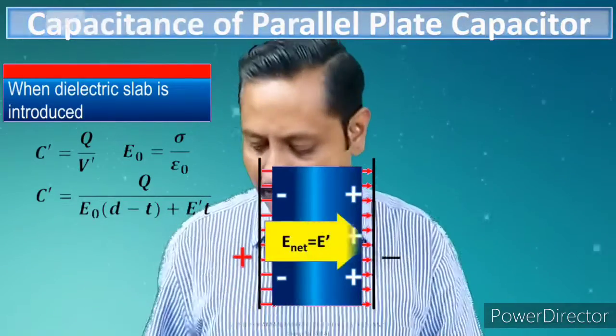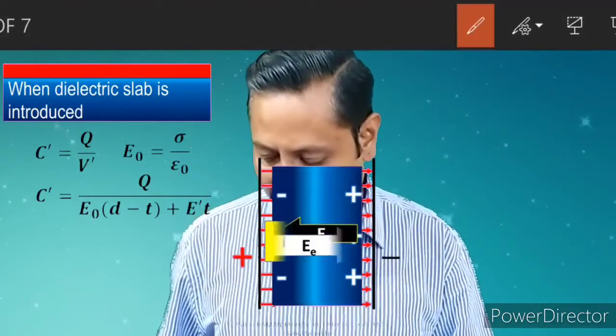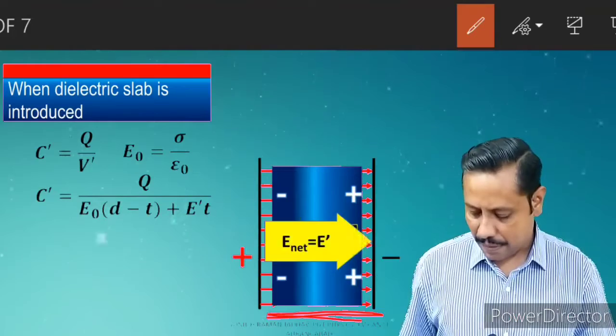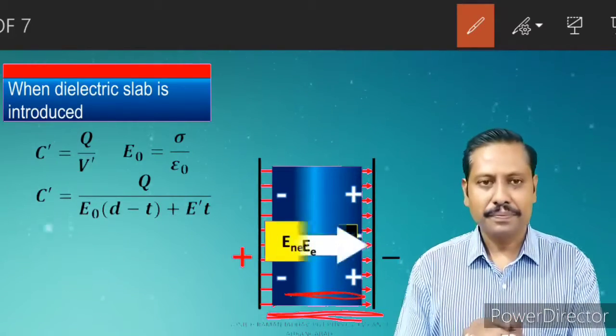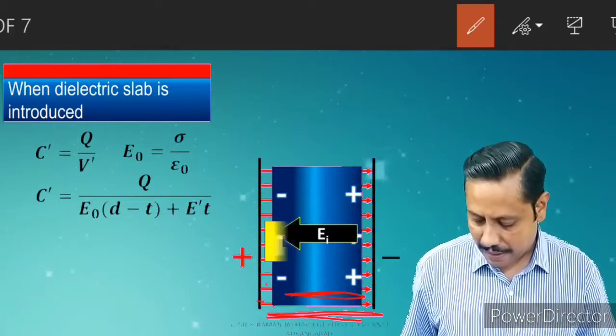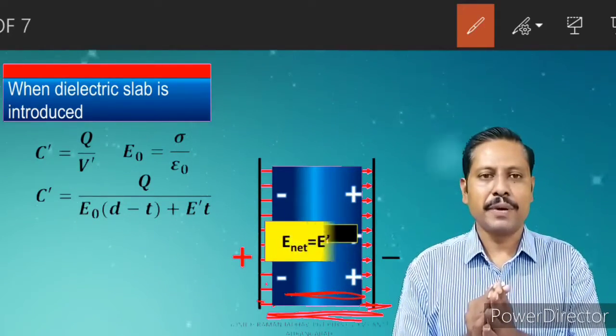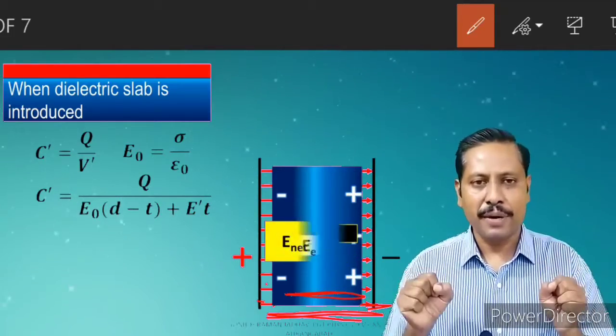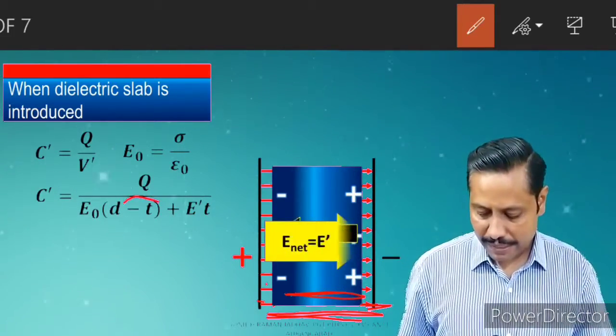How is it coming? See here, if I think about this particular gap, in this gap this portion is t, and the remaining portions are d minus t divided by 2 and d minus t divided by 2. If I add those, this becomes simply d minus t.